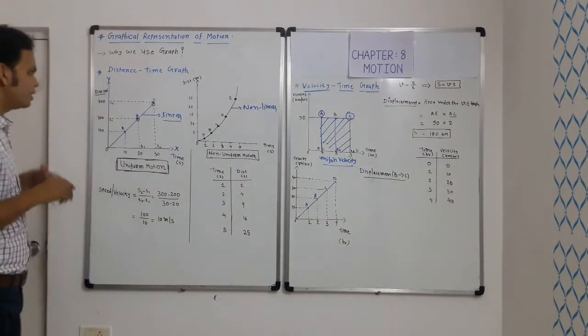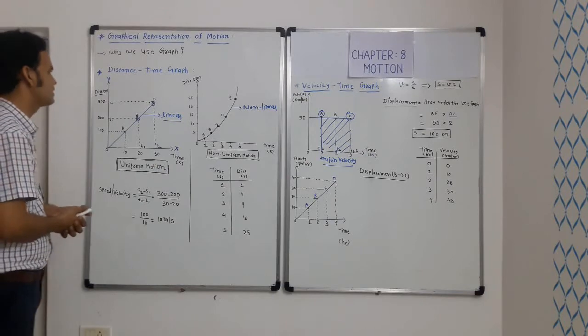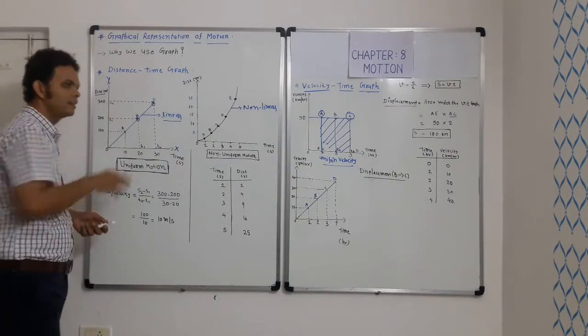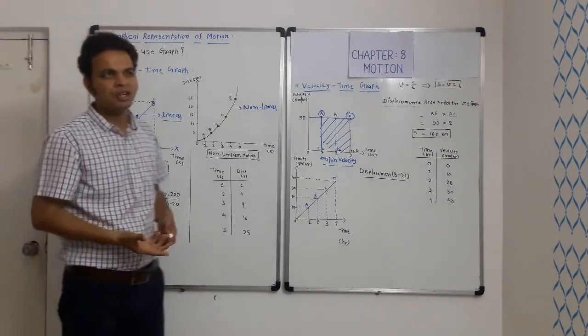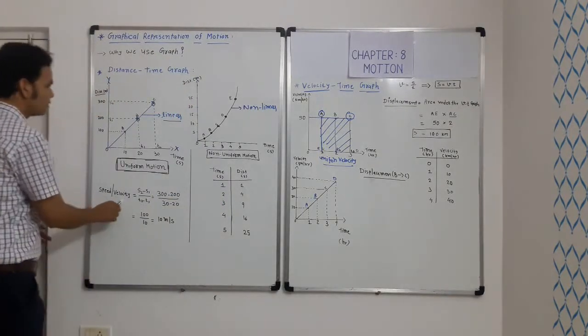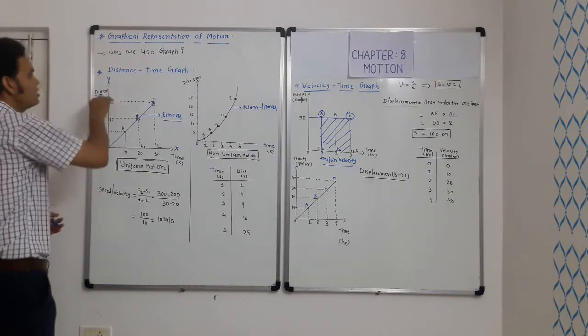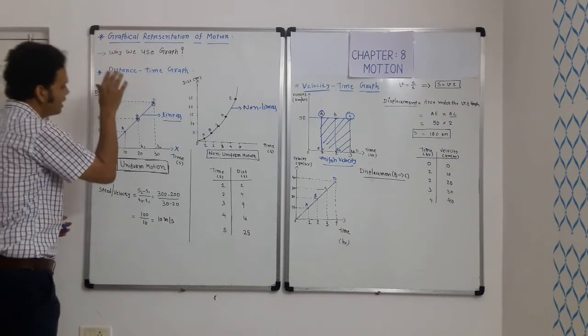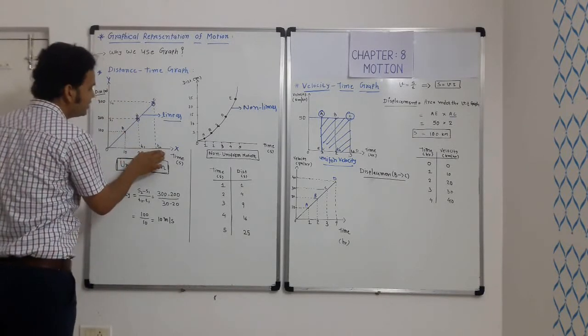Now one more piece of information which we can extract from this graph is the knowledge about the speed or velocity. The speed or velocity for this graph is the change in y-axis divided by the corresponding change in x-axis.